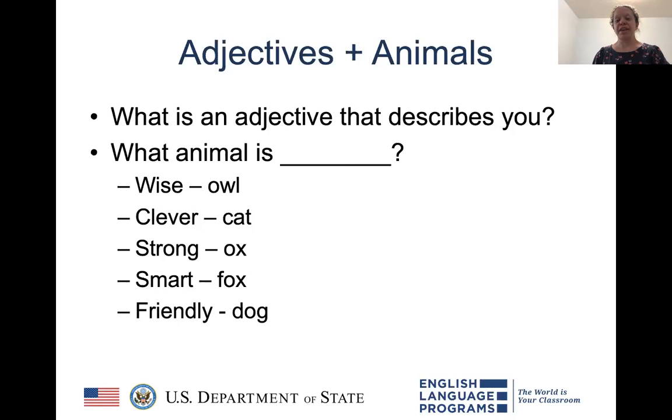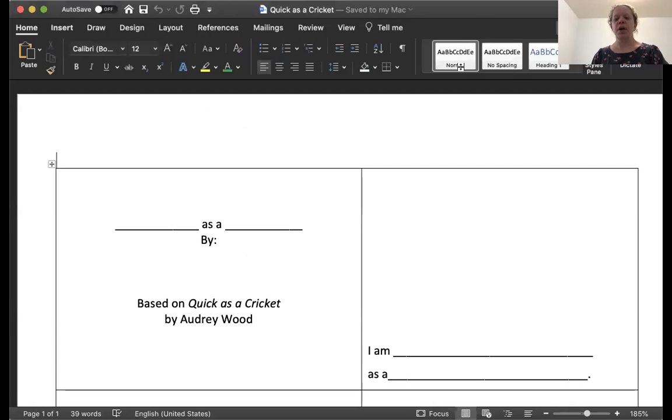Once my students had their list of adjectives that described them, I could have my students write their own little story about their animals.